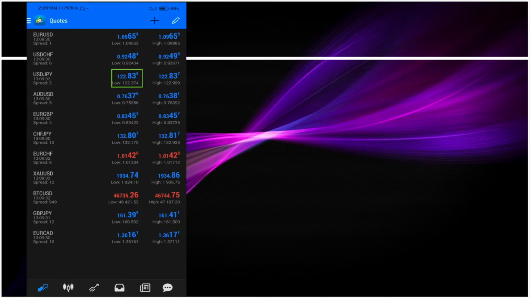So let's see other examples. The next one is the USD JPY. The value here is 122.83. In this instance, you see that there's a difference from what we have been explaining, because other pairs had up to 4-digit numbers after the decimal point, but here in USD JPY we have just 2 numbers. That's to show you that for JPY pairs, you start calculating from the second number, which is 3.